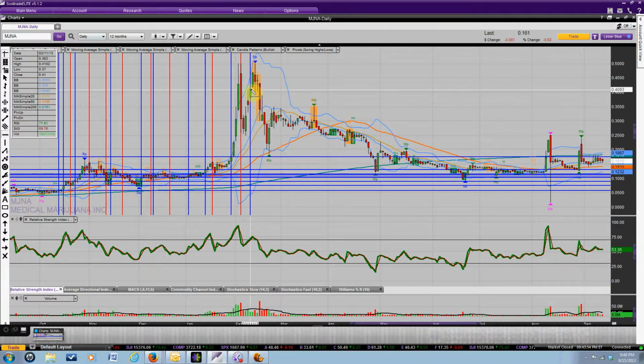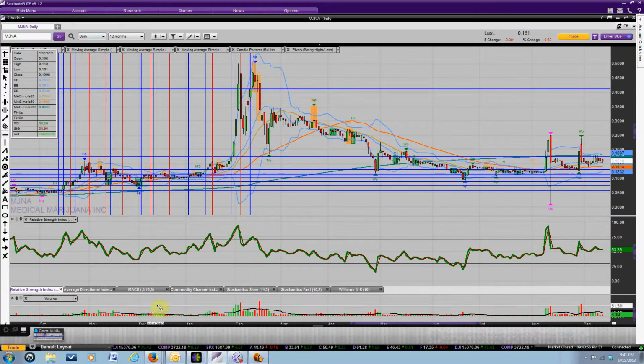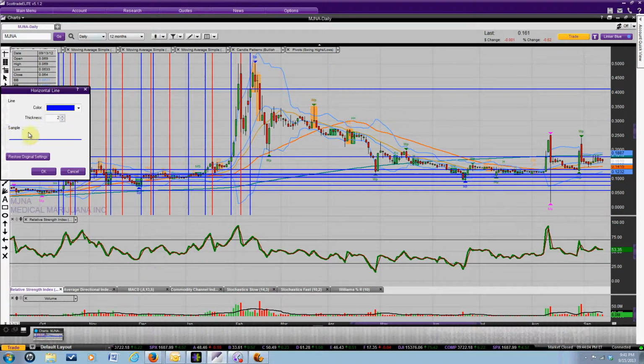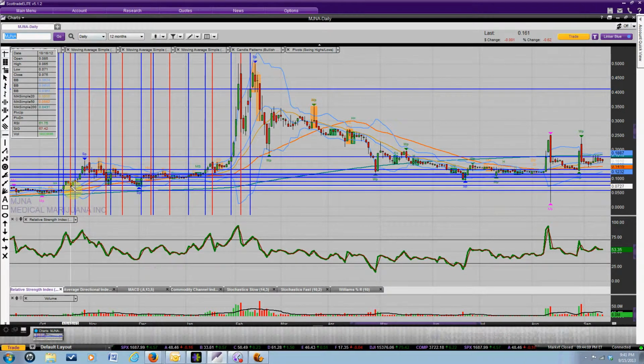And if you scale in properly, if you're doing $1,000 trades, you don't want to enter $1,000 based simply on an RSI 70 cross. Scale in and trade appropriately. And we're going to change this color to red now to show you where the sells would have been.